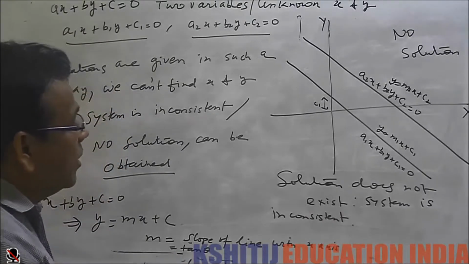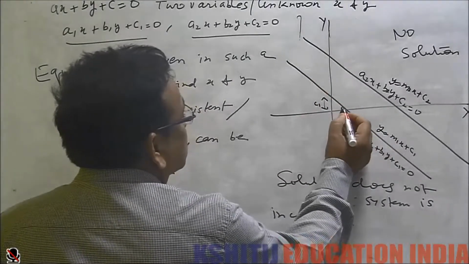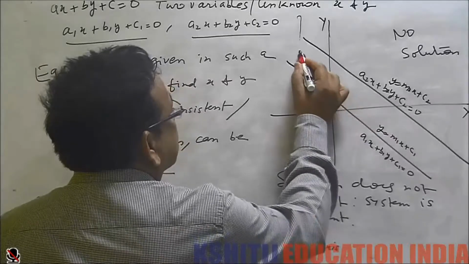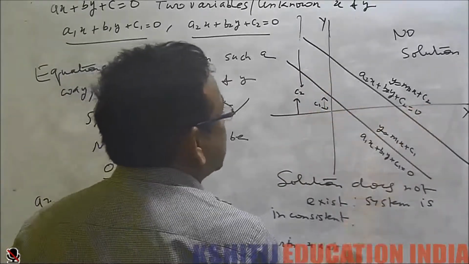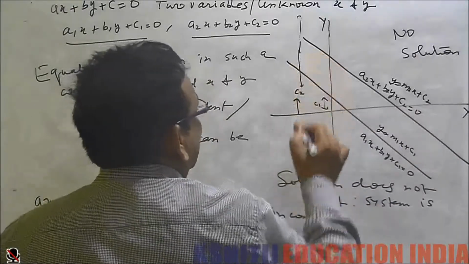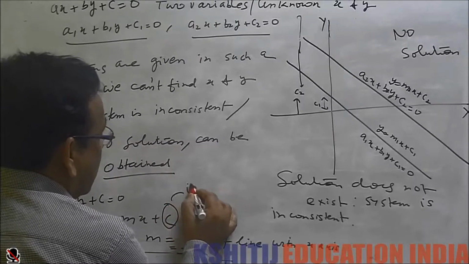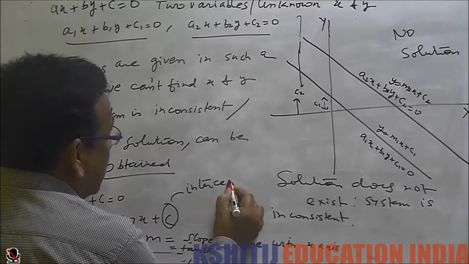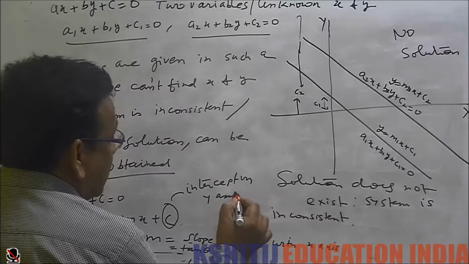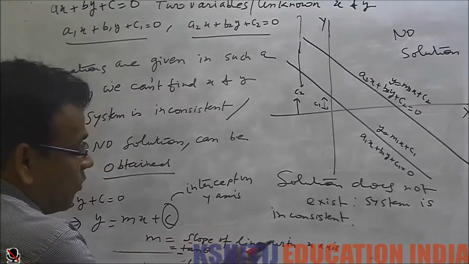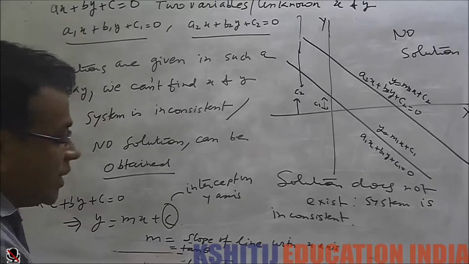Okay. So now I just want to tell you that there will be another c part, which is c2 for this equation. c is the intercept on y-axis, and m is the slope of line with the x-axis, which is tan theta.